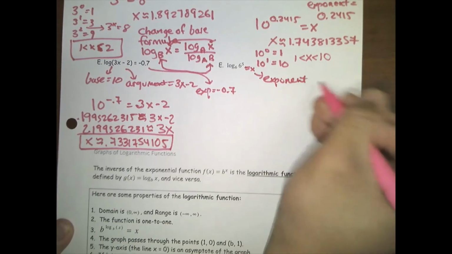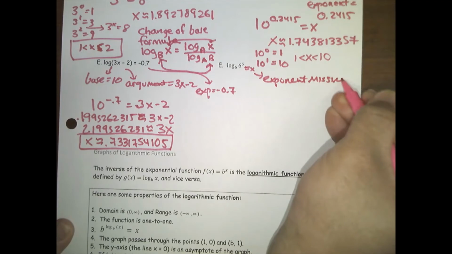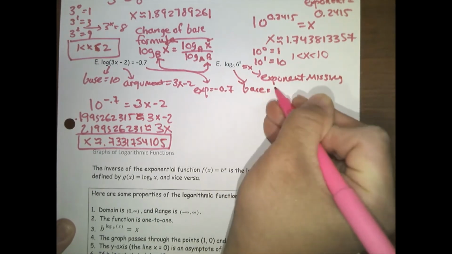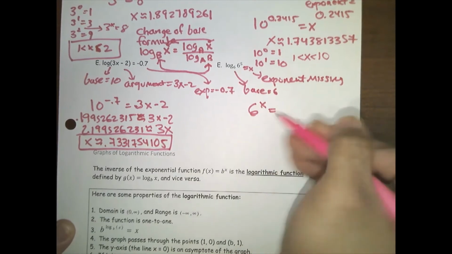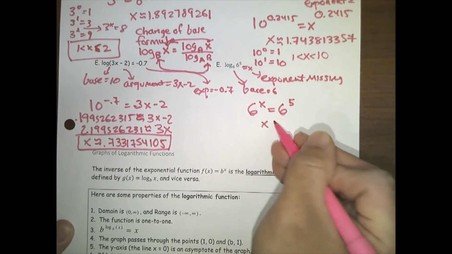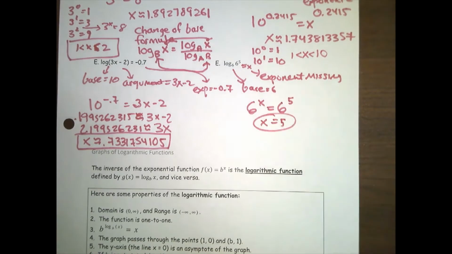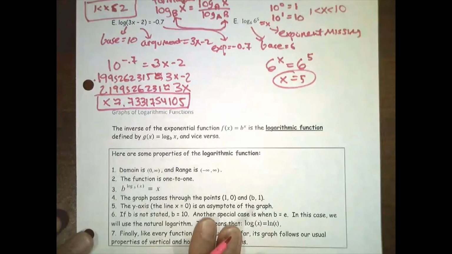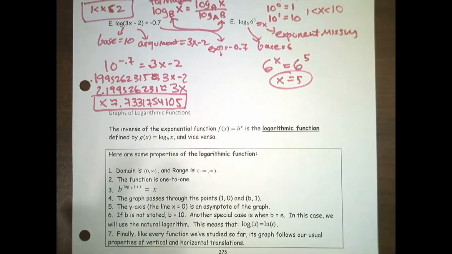I'm going to rewrite this as the base of 6 to the missing exponent is 6 to the 5th power, and so therefore x will just be 5. All right, so there you go. So that's a quick little introduction into converting between the exponential and the logarithmic forms.